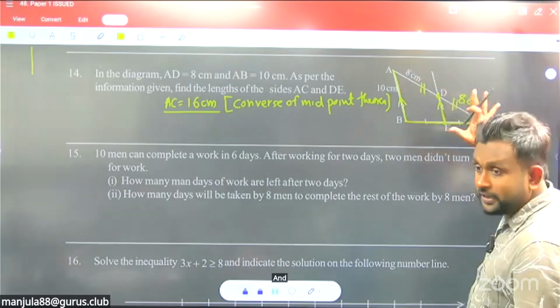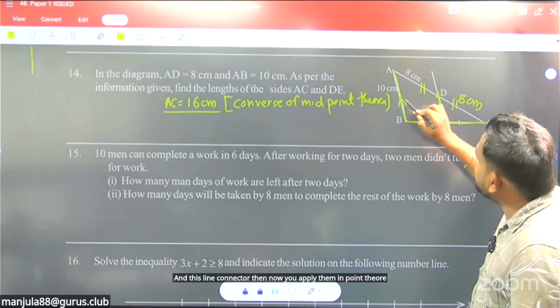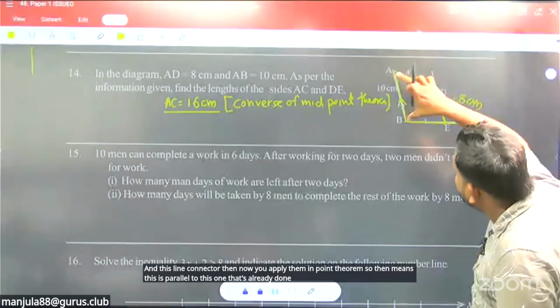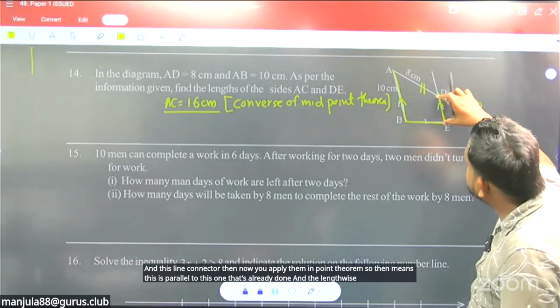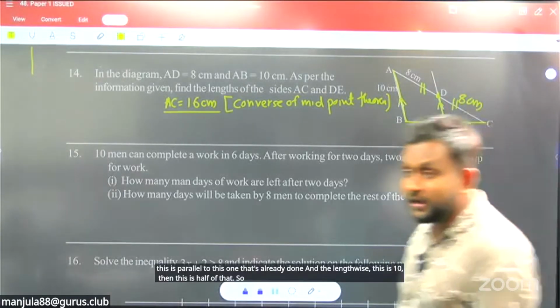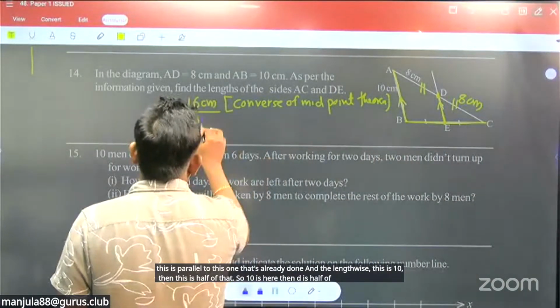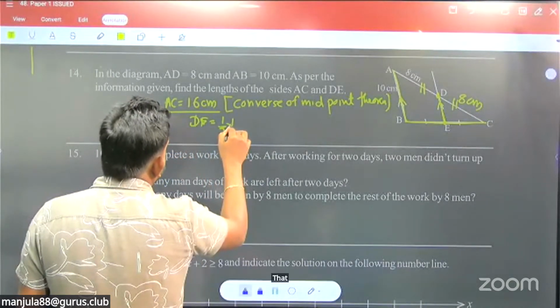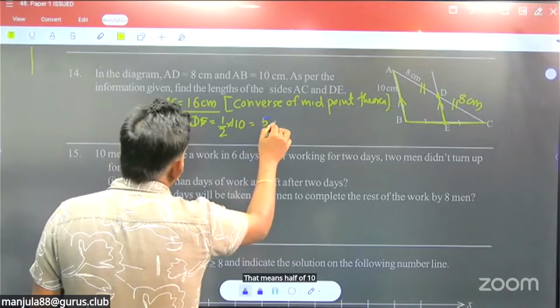Then you apply the midpoint theorem. So this is parallel to this one, which is already done. And lengthwise, this is 10, then this is half of that. So DE equals half of 10, which means just 5 centimeters.